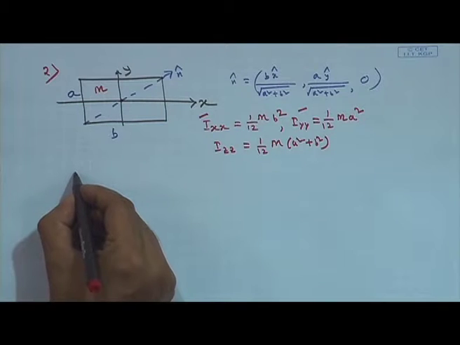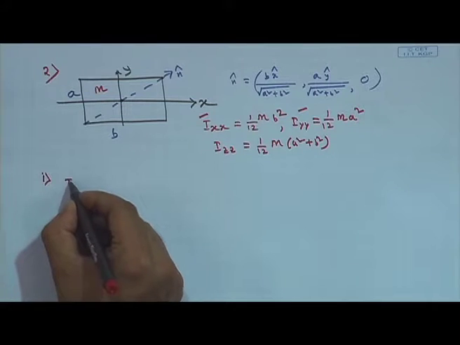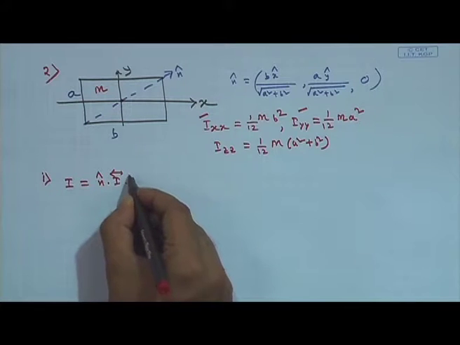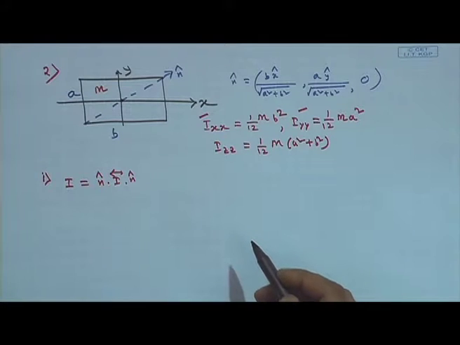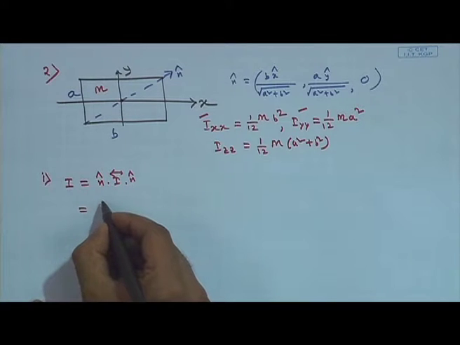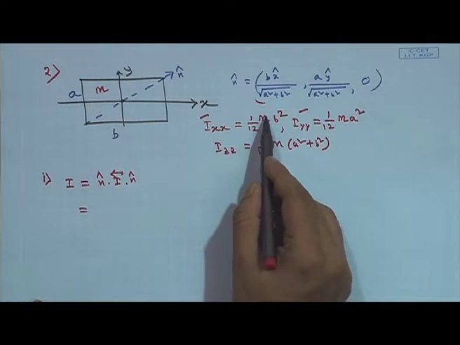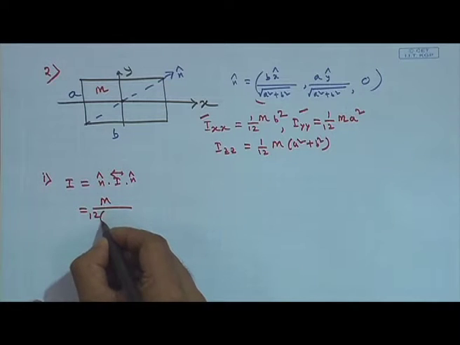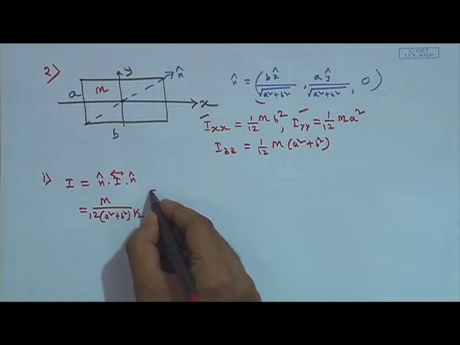Now let's look into the first part of the problem. First we have to calculate I, which we know is a projection of the total moment of inertia tensor around this particular direction. In order to calculate this projection, what we can do is take m by 12 and 1 over a square plus b square common.